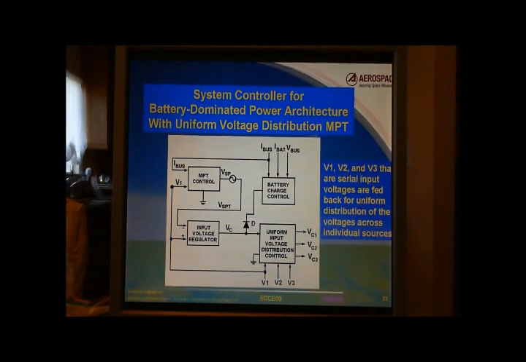In this manner, during the time that diode D is forward biased, the primary system control voltage is always dominated by the battery charge controller.